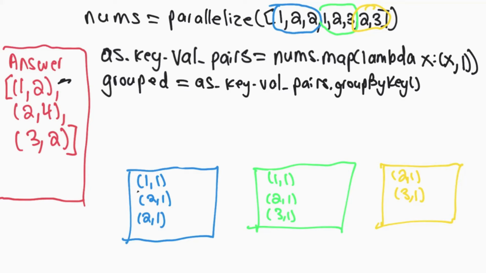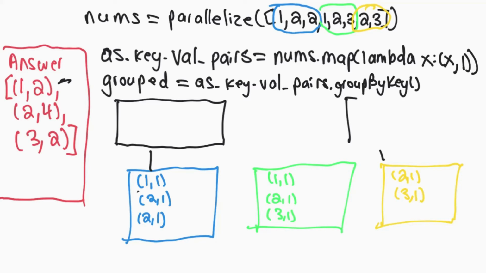It just groups by the key, and then essentially, it doesn't exactly do this, but very, very close, it's going to say to each of these machines, hey, I need you to group your keys. And they know which machine to put their key value pairs on. So say that these are two other machines.